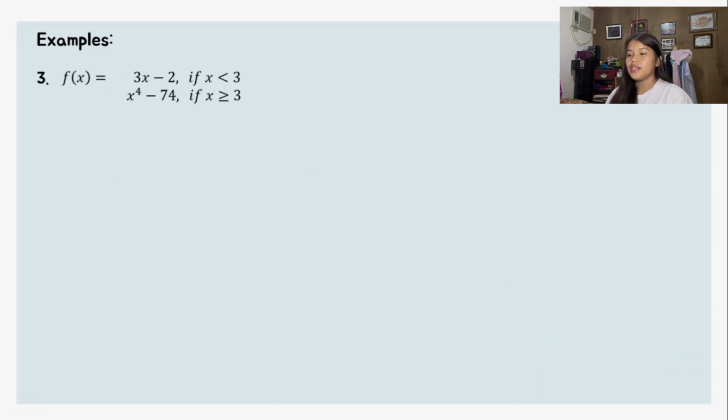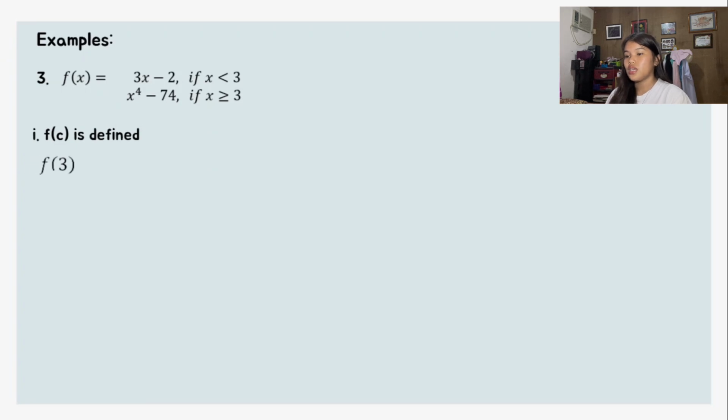So f of x is equal to 3x minus 2 if x is less than 3, and x to the power of 4 minus 74 if x is greater than or equal to 3. So first step is f of c is defined.